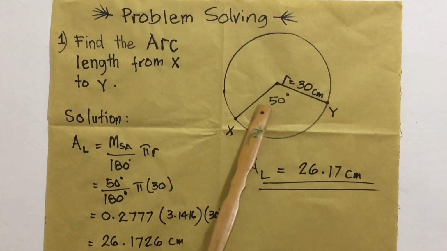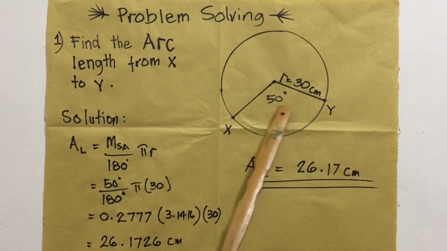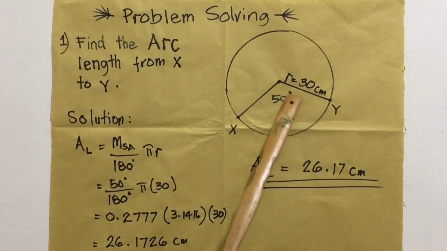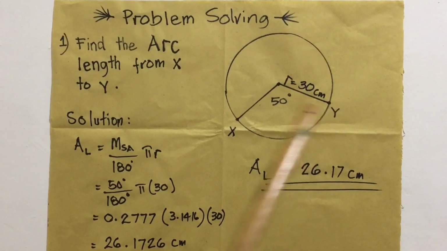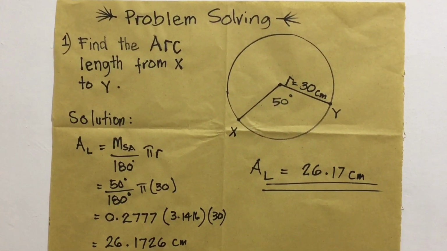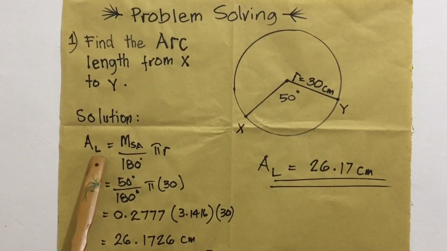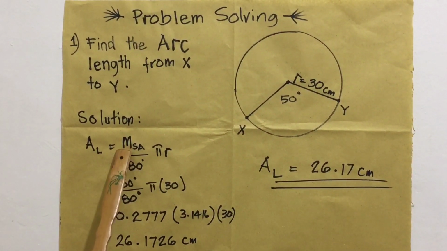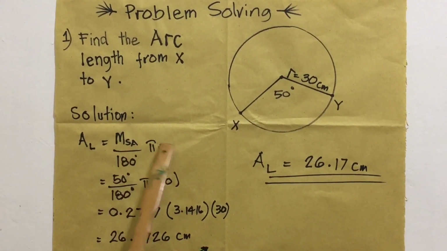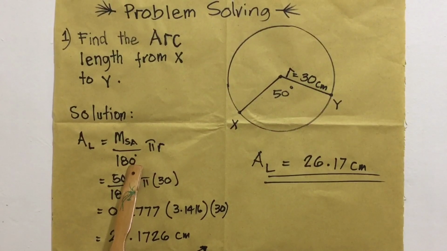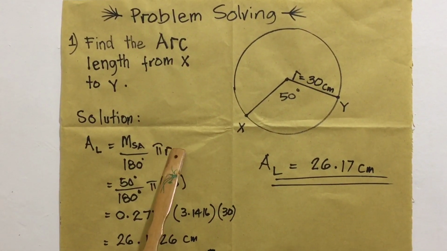At mayroong central angle or subtended angle 50 degrees at saka mayroon siyang radius na 30 cm. So to find the arc length, we will use the formula arc length equals measure of subtended angle, this one, 50 degrees, over 180 degrees times pi times radius.